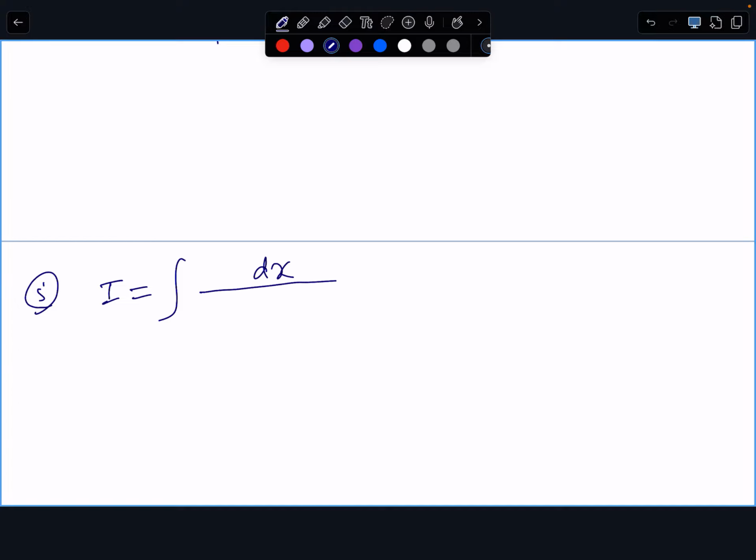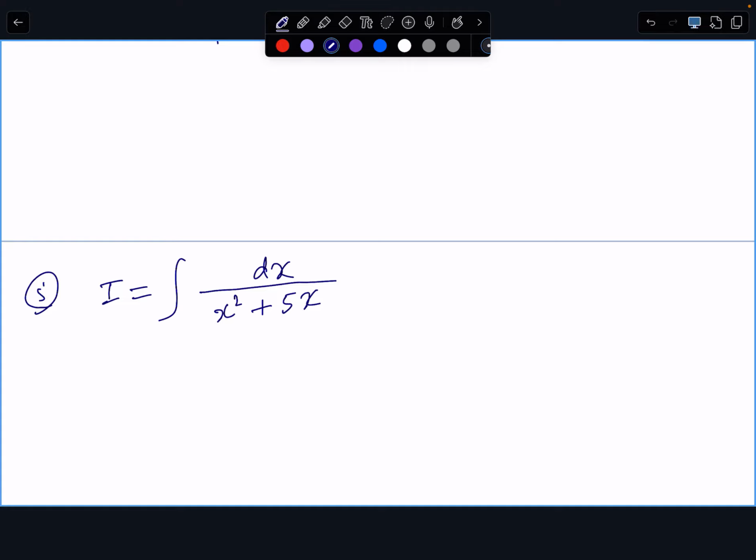If we have dx, for example, x squared plus 5x. What do we do with this one, guys?